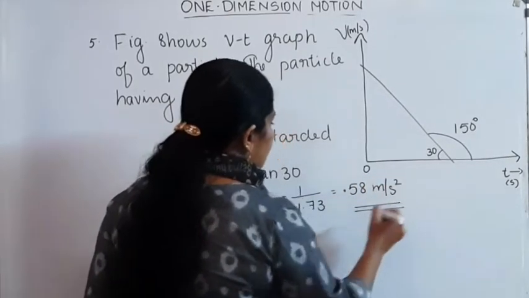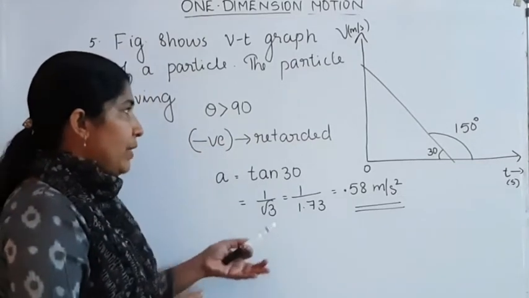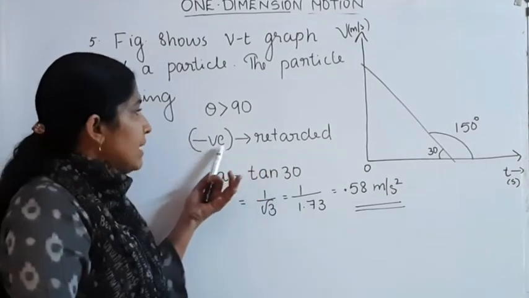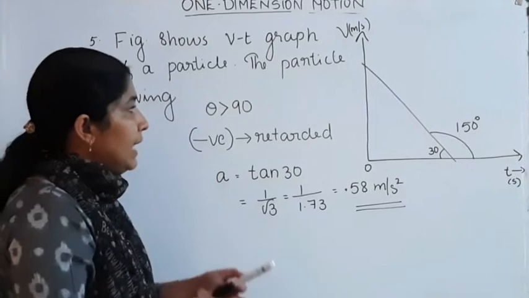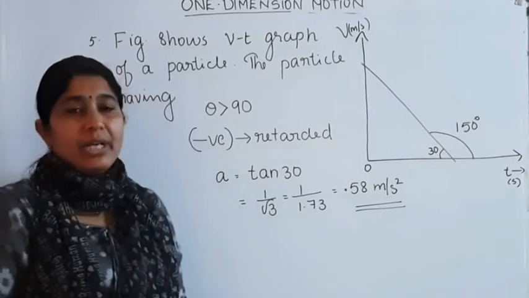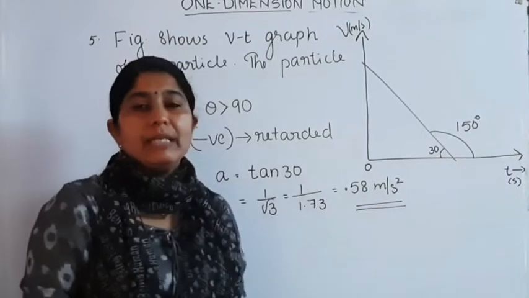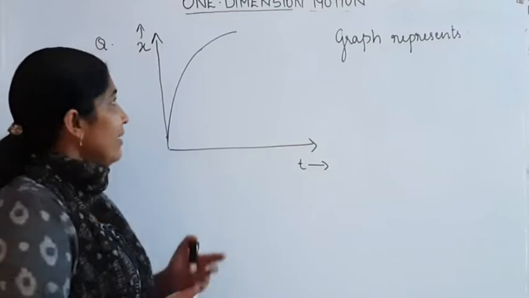This is the acceleration of the body, and which type of acceleration is here? Negative acceleration means retarded motion. Therefore, we can say that the particle is in retarded motion and its value is equal to 0.58 meter per second square.